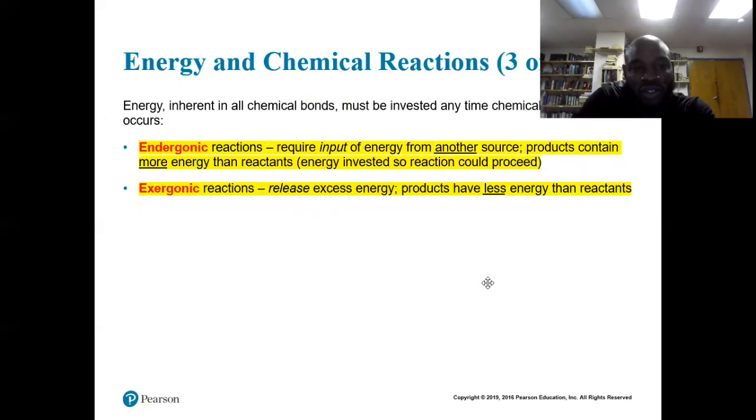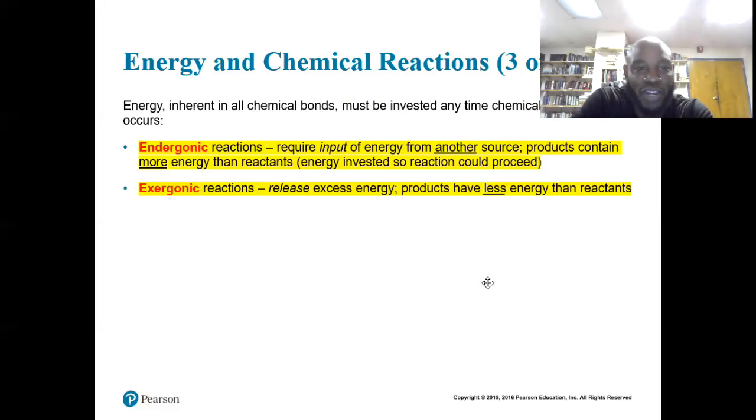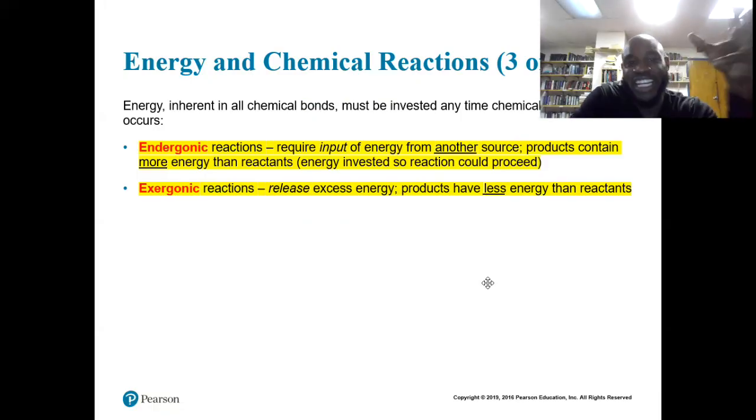Here's where it can get a little confusing, if it hasn't already got confusing, is we also have different types of reactions. We have endergonic and exergonic reactions, right? Endergonic, even though it's spelled E-N-D, think of "in", requires an input of energy from another source.